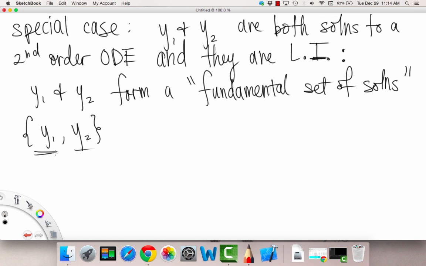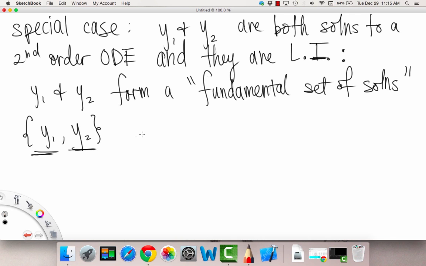What a fundamental set of solutions means is that from the entries in the set, you can form all of your solutions to an ODE, just by taking linear combinations of these two entries. If you had a fundamental set of solutions with 3 entries, you could form all of your solutions by taking linear combinations of those 3 entries as well.